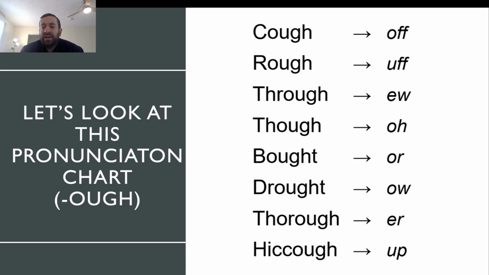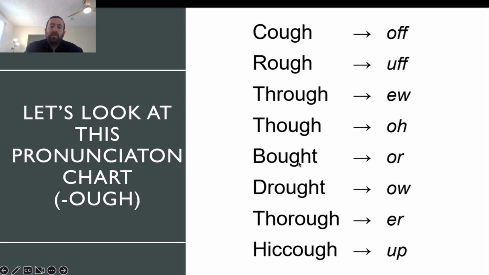In terms of the amount of sounds, we have different words here that I'll point to that end in OUGH. Cough, sounds like off, right? Rough, like uff. Through, it's like ew. Though, it's like oh at the end there.